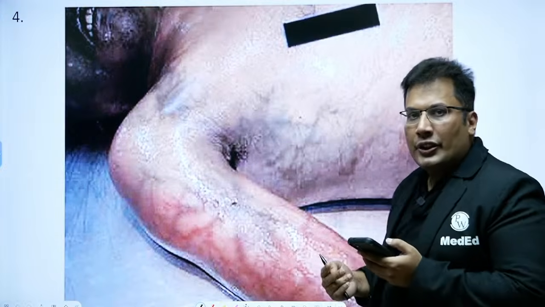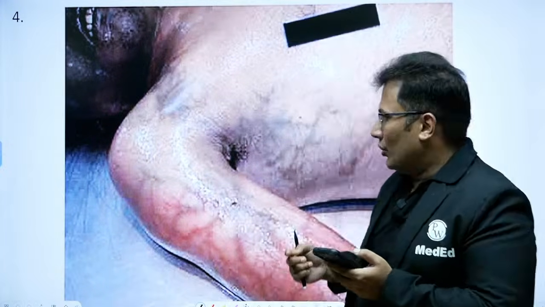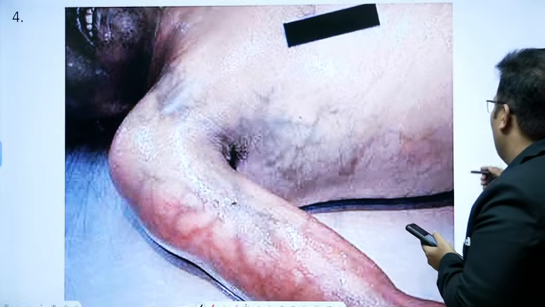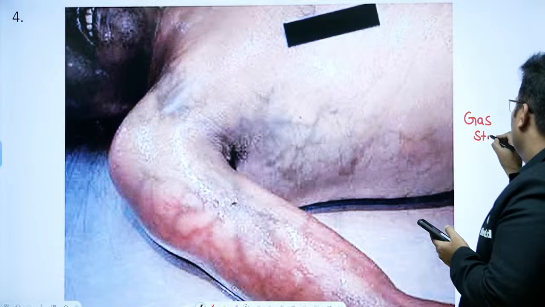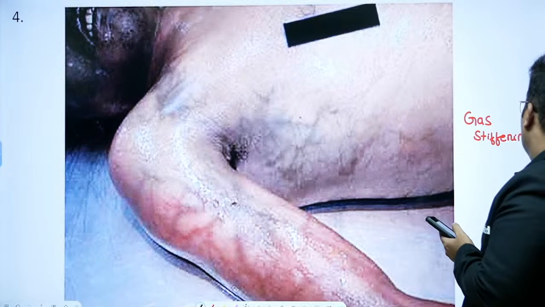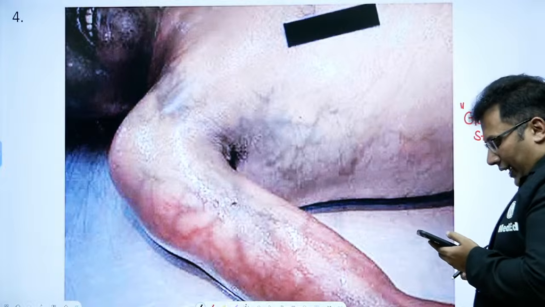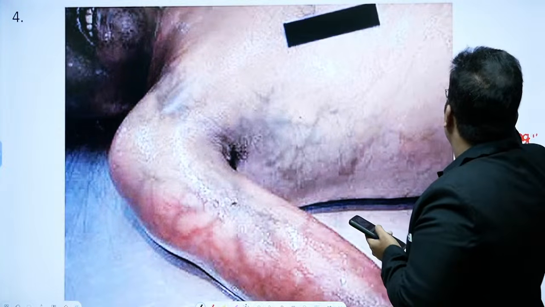And one more change, that is the differential diagnosis of rigor mortis, basically known as gas stiffening. The finding here is basically marbling.